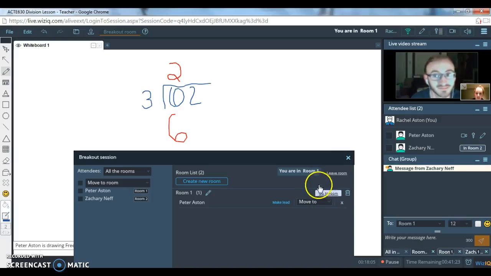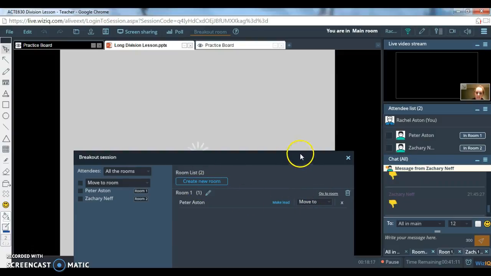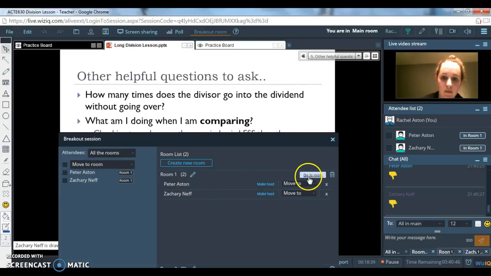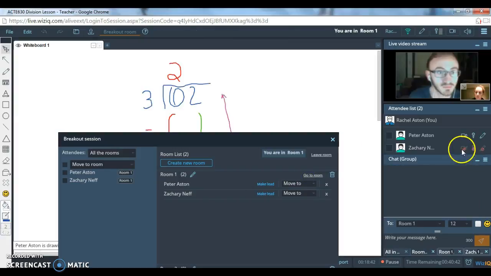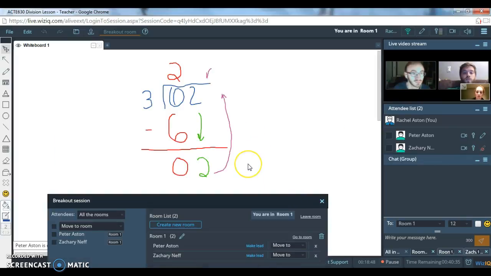Okay. Oops. How do I? Alright, so I wasn't quite sure how to move Zach and get you started in your room, so I'll just have you join in Peter's room.